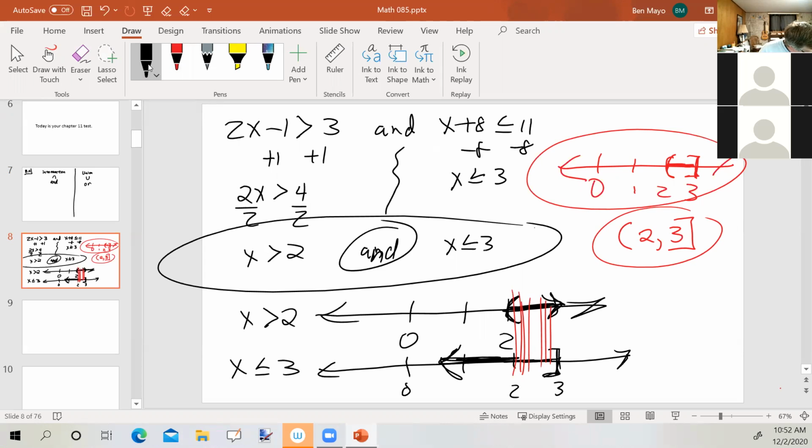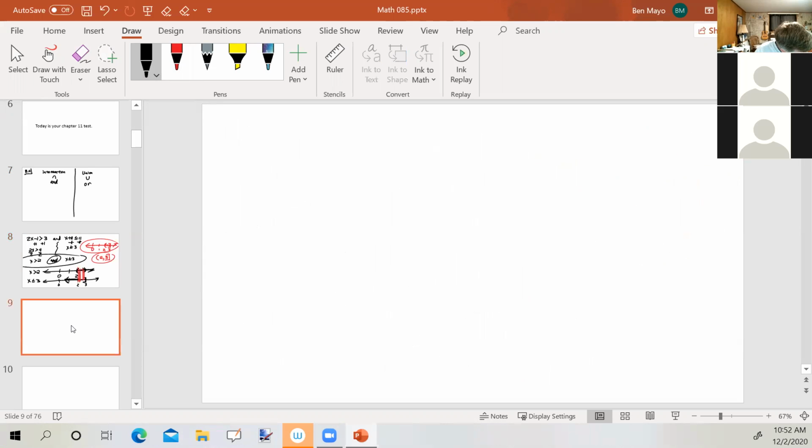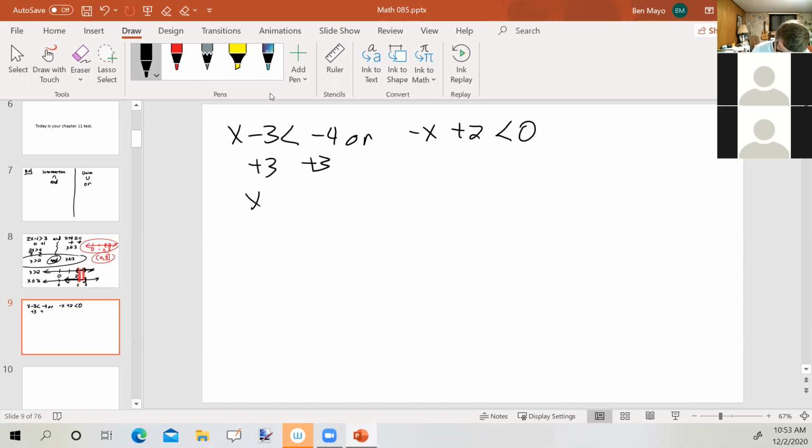Let's say we've got an example like this. X minus 3 less than negative 4, or negative x plus 2 less than 0. Again, I'm going to solve each inequality separately. The one on the left, I'm going to add 3 to both sides. X less than negative 1.